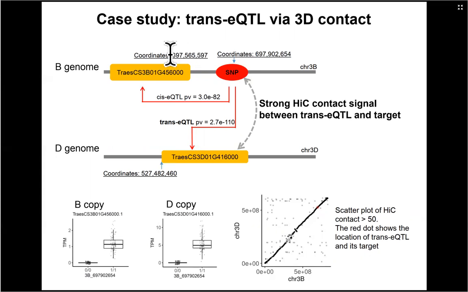It is a cis eQTL of the B genome copy and a trans eQTL for the D genome copy. The Hi-C data shows that those two genomic regions are in strong contact, which means that this so-called trans eQTL is in fact a cis eQTL via 3D contact.